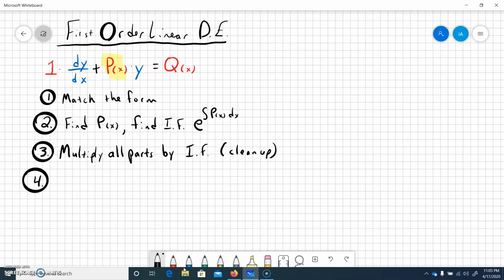So we said once we got that far, and we kind of have to have an example in front of us, but we said that if everything is correct, the left side, what in the world is that word? Let's start over. The left side integrates, let's say, like reversing the product rule.